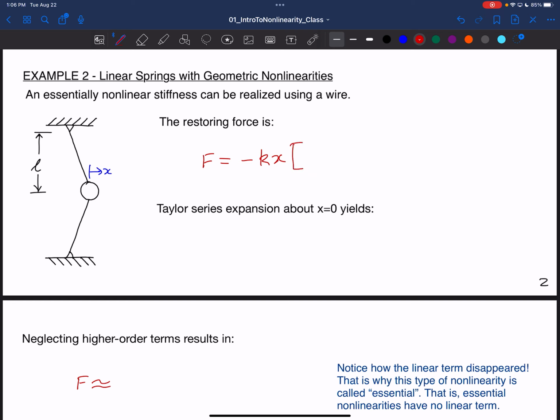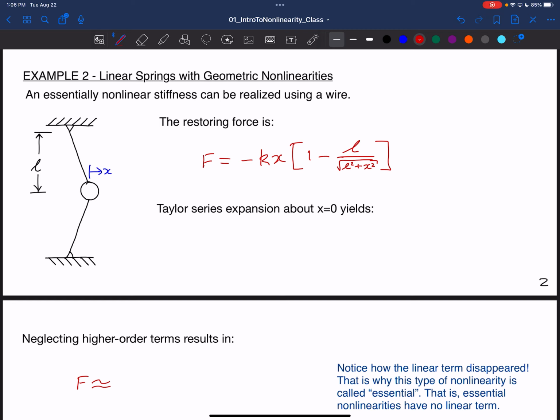Then it's multiplied by 1 minus L divided by the square root of L squared plus X squared. This comes from Pythagorean theorem, and we've just skipped some steps to tell you the truth.